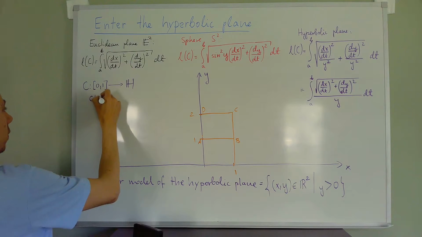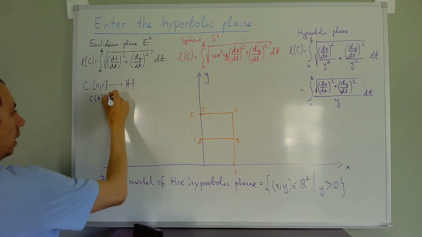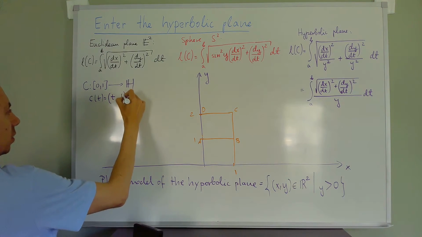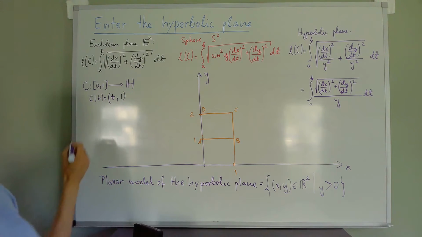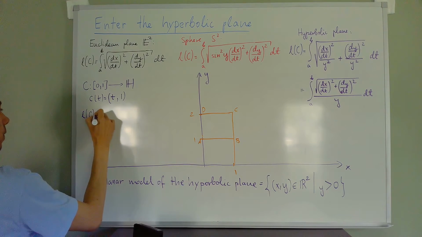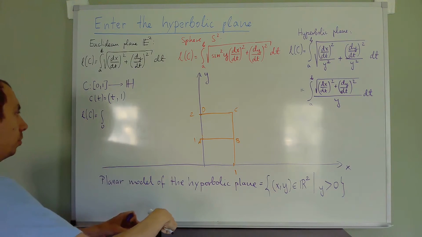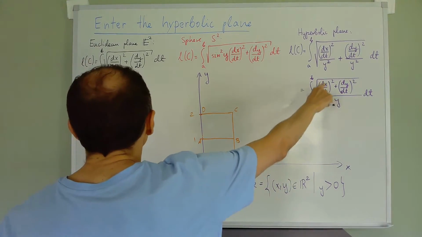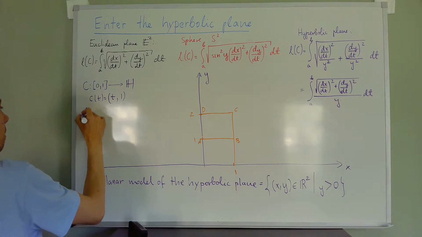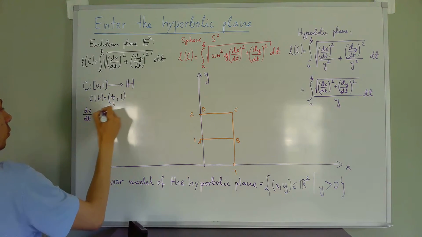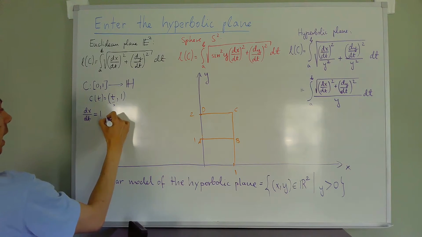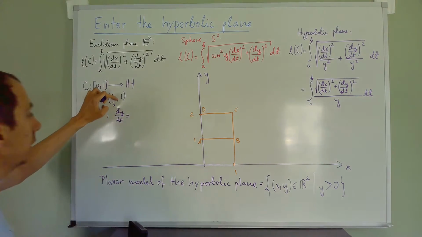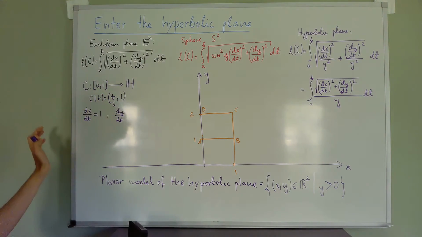Let's define c of t to be, okay, the x coordinate goes from 0 to 1, so that's just t, and the y coordinate stays equal to 1. Then what's the length of this curve? Let's compute the derivatives first, like we did last time. dx over dt: x is equal to t, so that's just 1. And dy over dt: y is constant, so dy over dt is just 0.